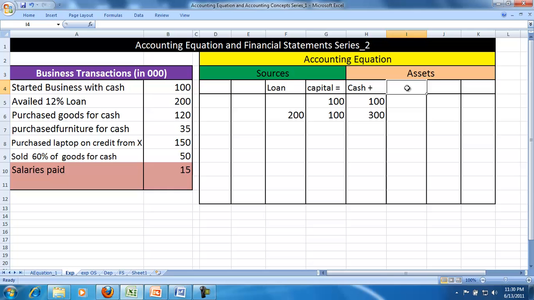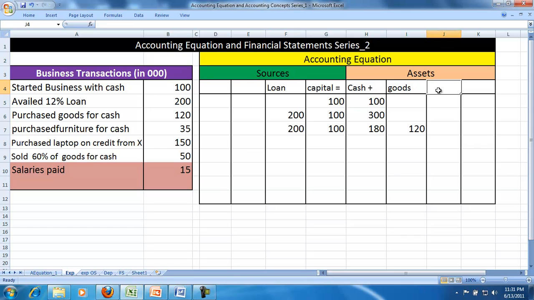They purchase goods, so let me write down goods, and they purchase for cash, so as a result the cash will come down. We have done this in the last session too. No change in the loan.